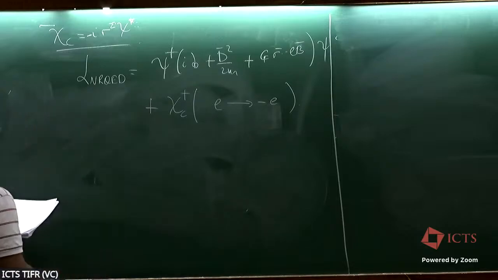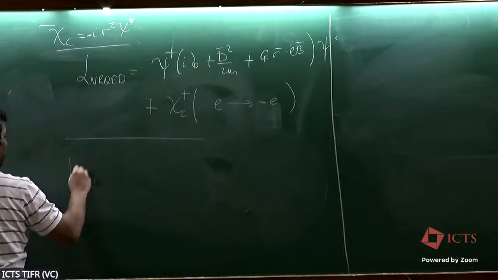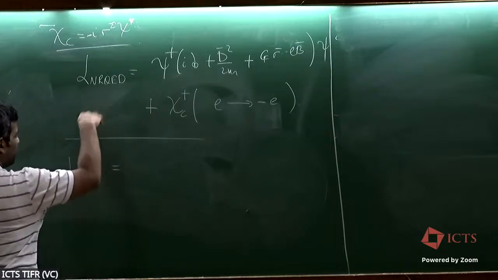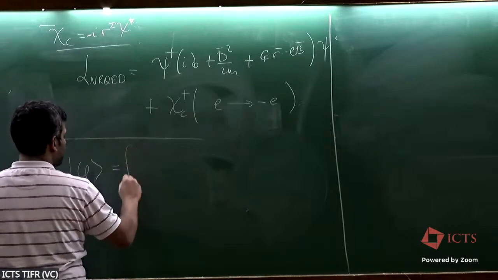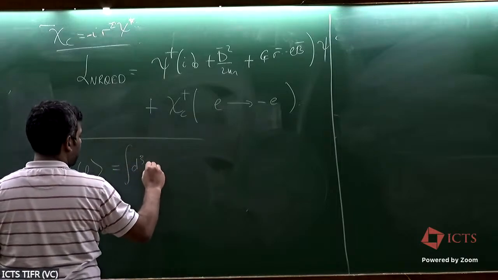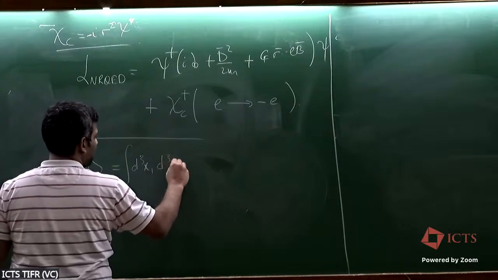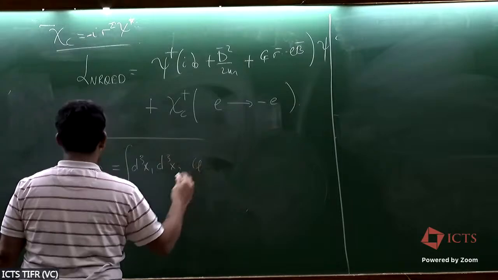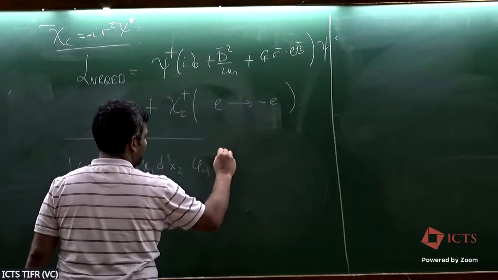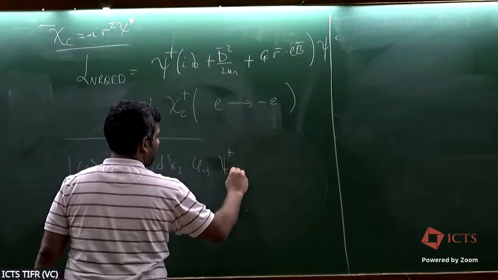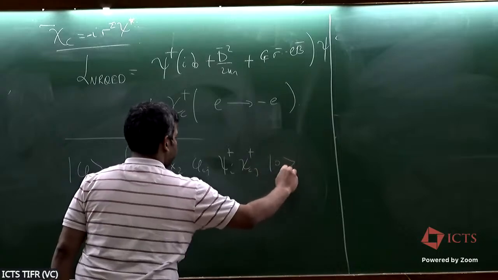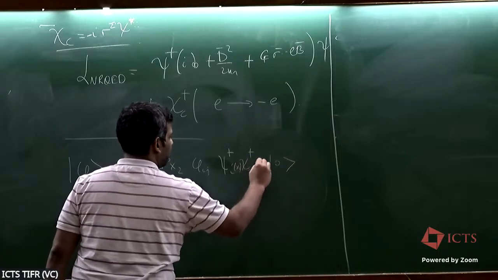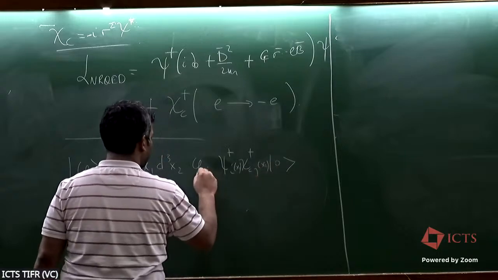And then what Rishi did was to introduce a paired field phi and project this NRQED Lagrangian onto PNRQED using this paired field phi. So the paired field was the integral d3x1 d3x2 phi ij, psi dagger i, chi dagger Cj, vacuum. There is x1 and x2.